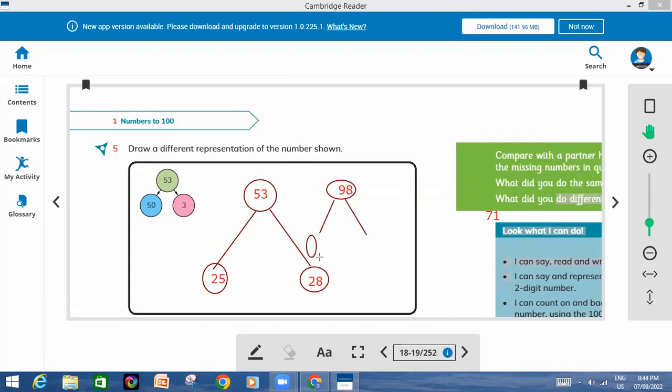So we can distribute them in different ways, saying 50 and 48 in separate. So this is the representation of another number shown. Okay, moving on to the next question.